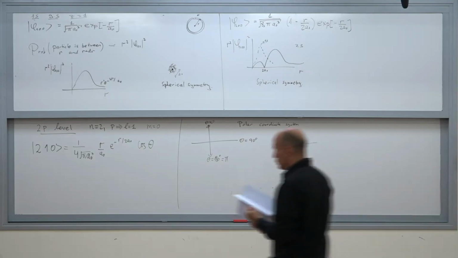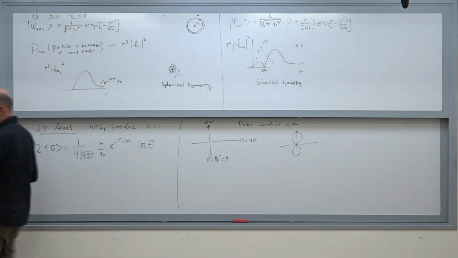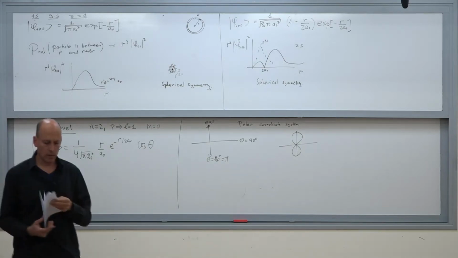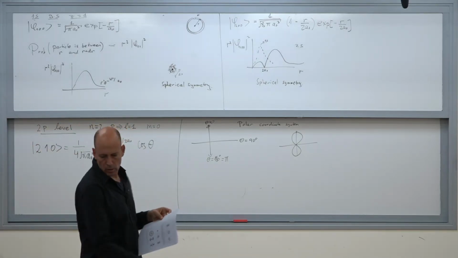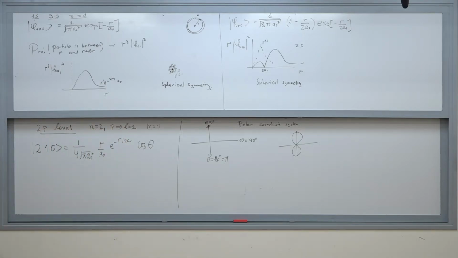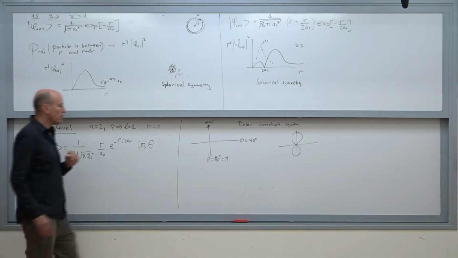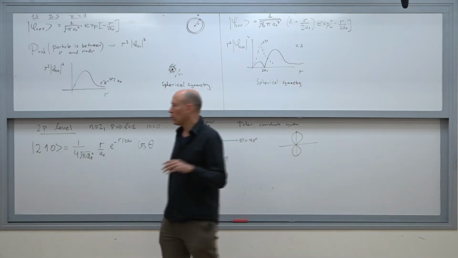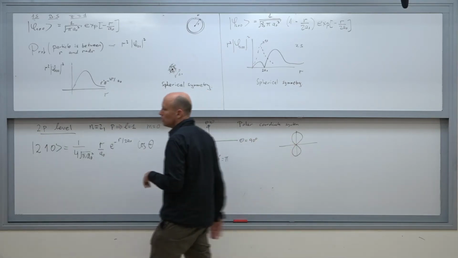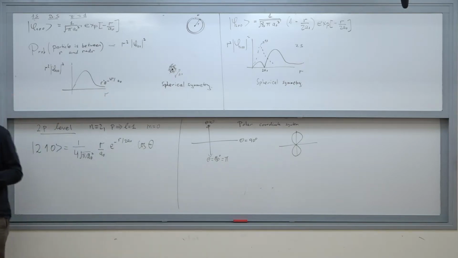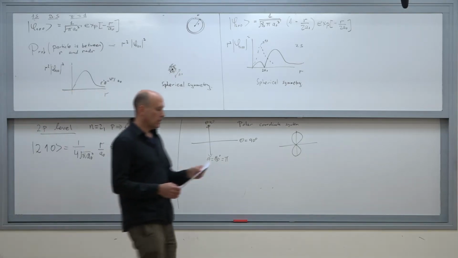People plot in textbooks all kinds of ways this wave function to gain some insight. So for example here I'll give you this insight. Some people, because this is degenerate, because of the azimuthal number, see different plots.